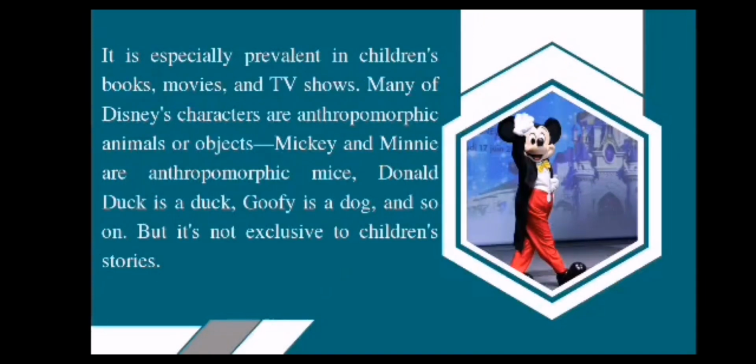It is especially prevalent in children's books, movies, and TV shows. Many of Disney's characters are anthropomorphic animals or objects. Mickey and Minnie are anthropomorphic mice. Donald Duck is a duck. Goofy is a dog, and so on.